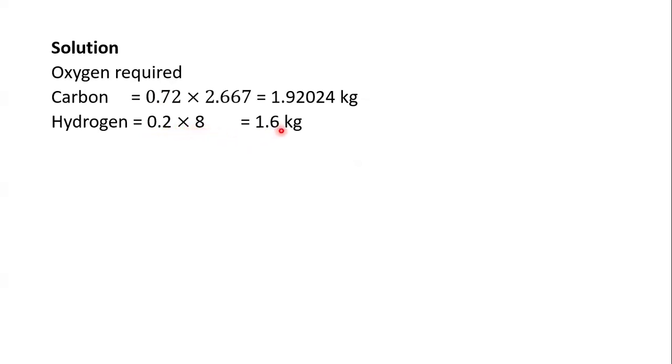Then that's my 1.6. So 0.2 multiplied by the 8, because the fuel has 0.2 kg hydrogen, and I need 8 kg of oxygen to burn 1 kg of this. So just multiplying these two gives me how much oxygen I need for this element. Let's proceed.